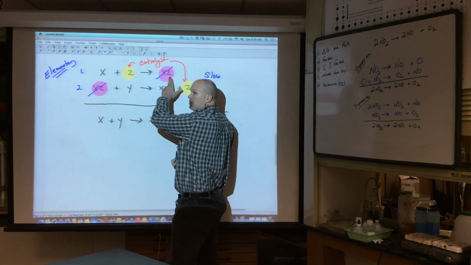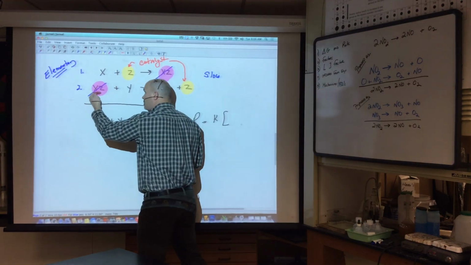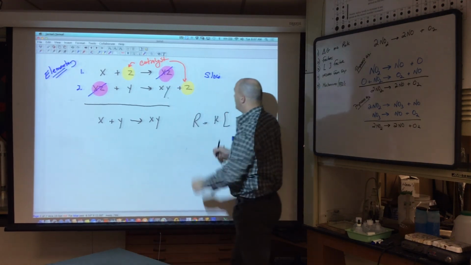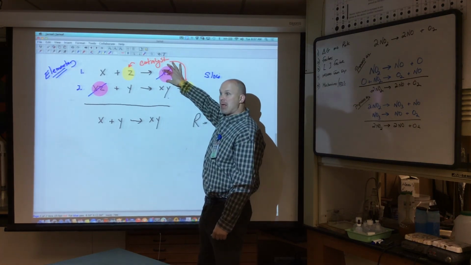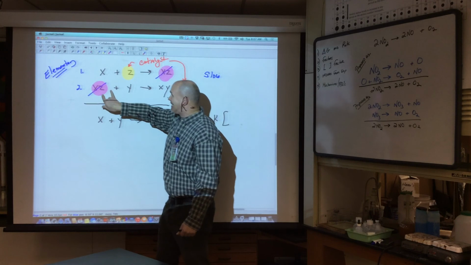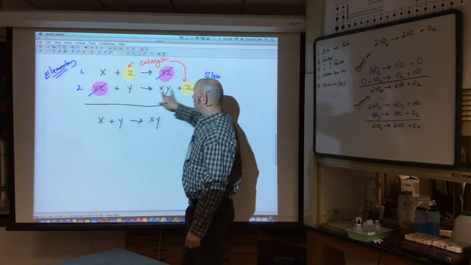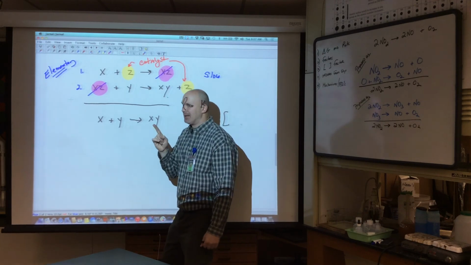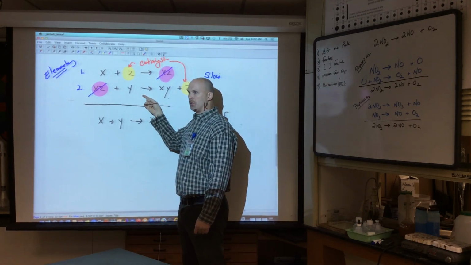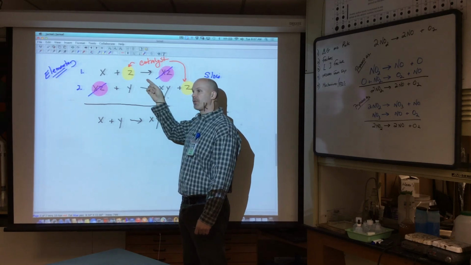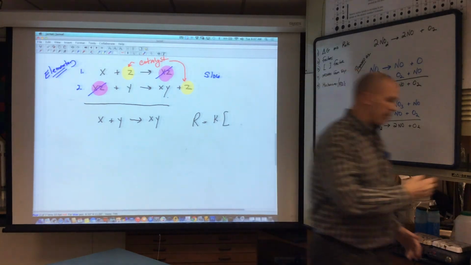It's unstable, so it takes some time to make it, but as soon as you make it, it's highly reactive. If I'm making a highly reactive intermediate that links this step to the second step, the second step is going to go pretty darn fast. But it has to wait for the first step. So this will be a fast second step.